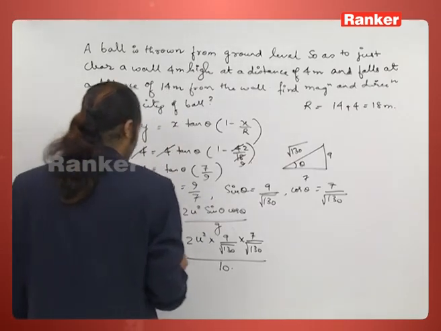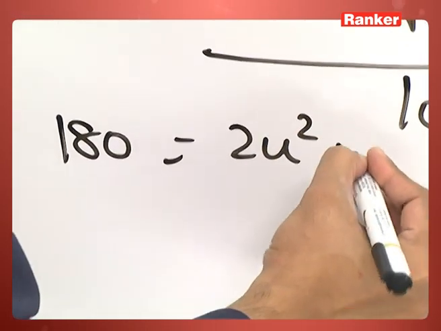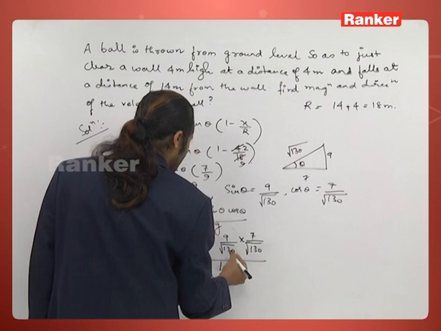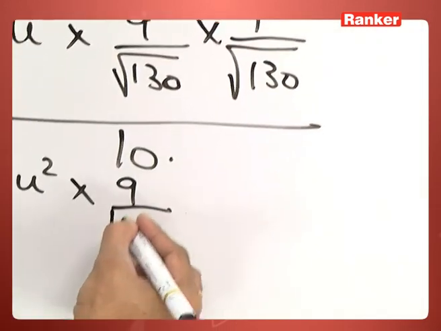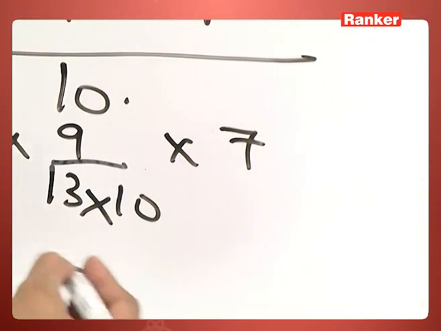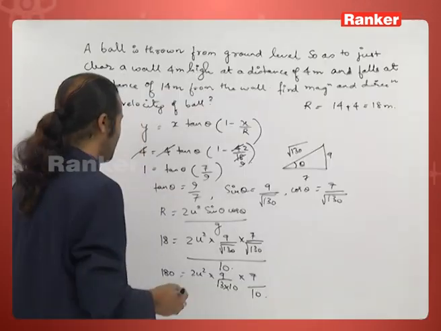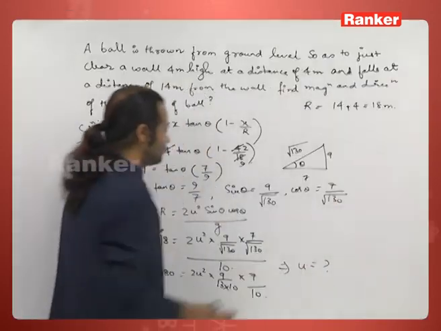So this becomes 180 is 2u square into 9 into 7 by 130 into 10. Okay. Now you can calculate from here the velocity u.